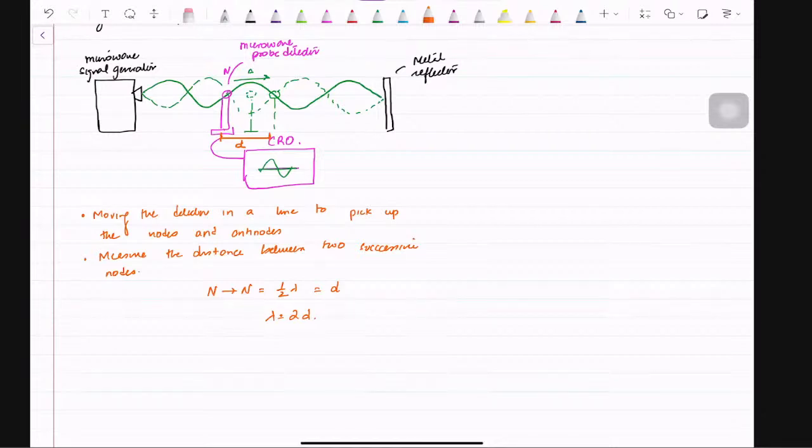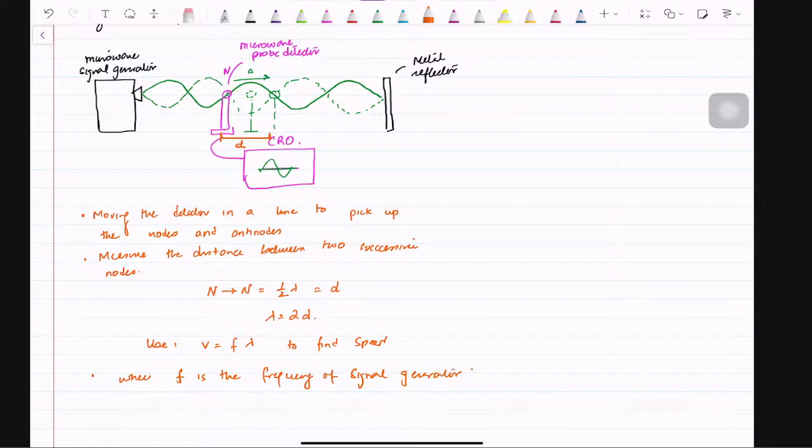And simply you can use v equals f lambda to find the speed, where f is the frequency of the signal generator. You got my point? Yes.